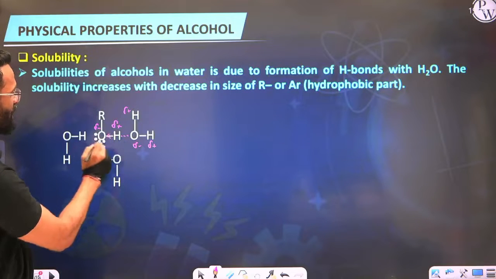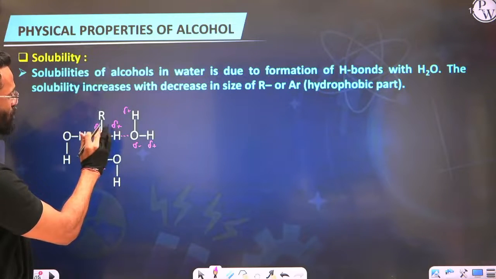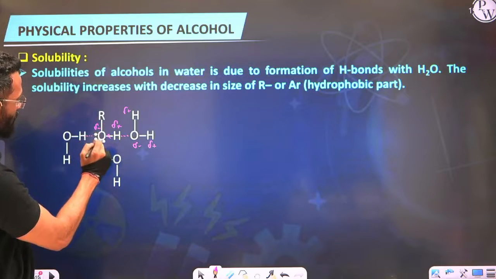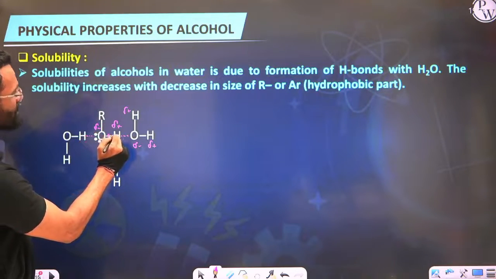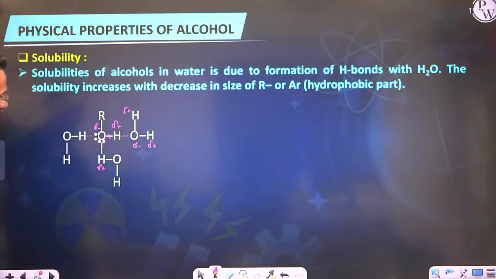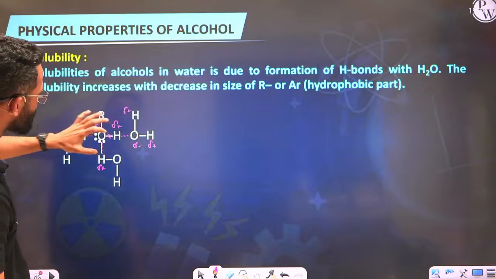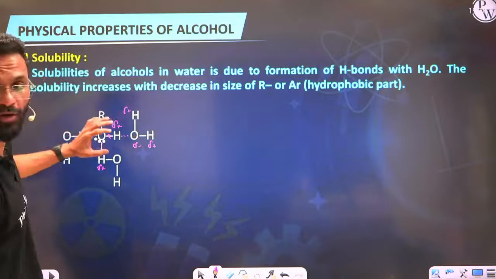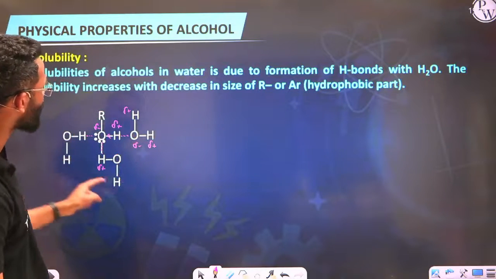So in general, an alcohol will be able to form 3 hydrogen bonds per molecule, 2 through its lone pairs and 1 through its hydrogen with another water molecule. That's how the alcohol molecule will be strongly solvated by water molecules.